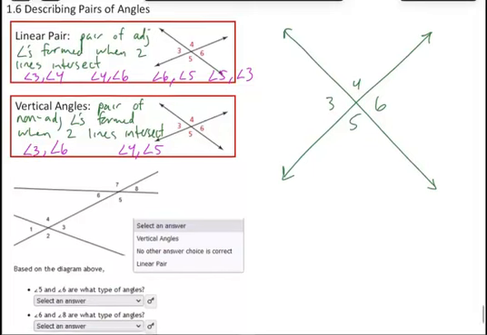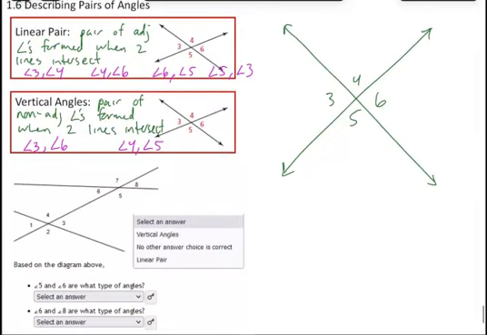So what I want you to do is, based on those definitions, see if you can answer this question below. You're either going to write vertical angles, linear pair, or no other answer choice. And again, these have to be intersecting lines to form the linear pair or vertical angles. All right, what about angle 5 and 6? What kind of angle pairing is that?